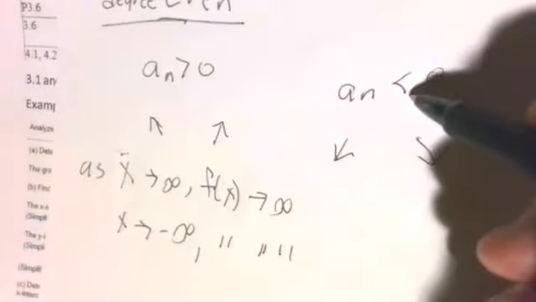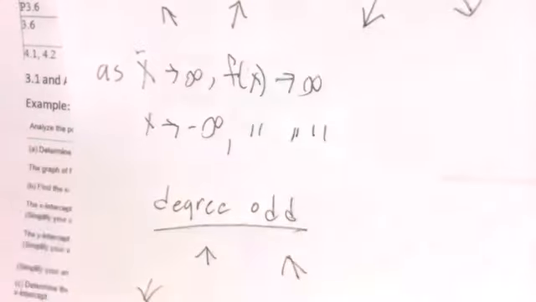Now, this is if the leading coefficient is negative. And then there are also 2 possibilities for the degree being odd. Remember, one end's going to go down and one end's going to go up, or it's going to go like this.